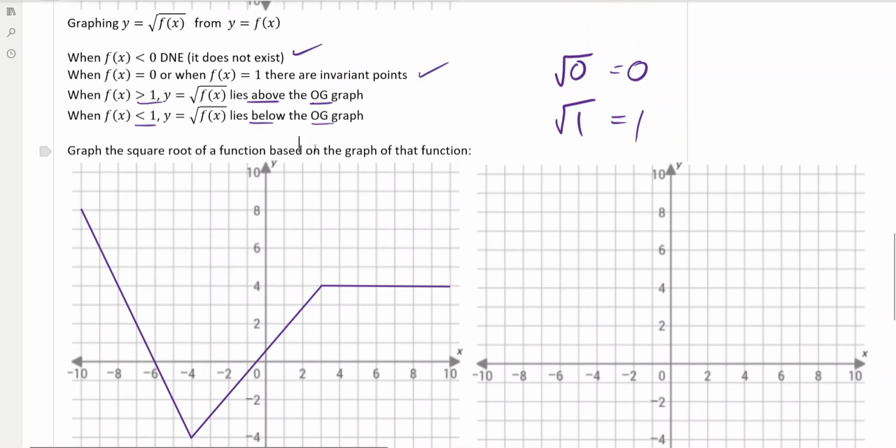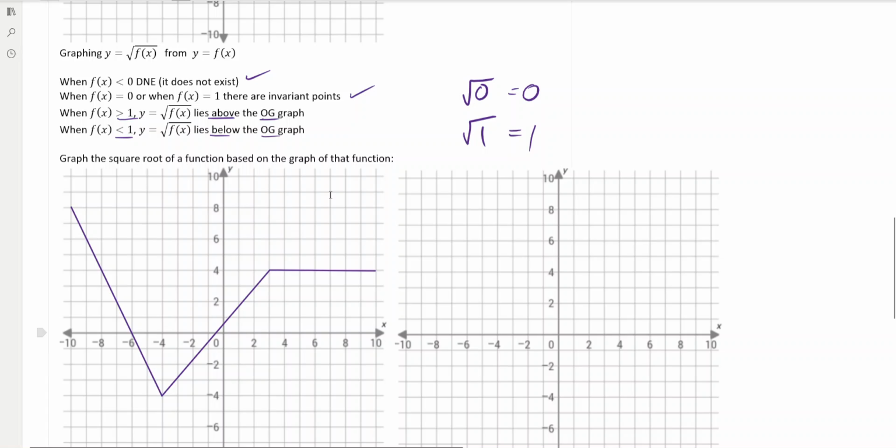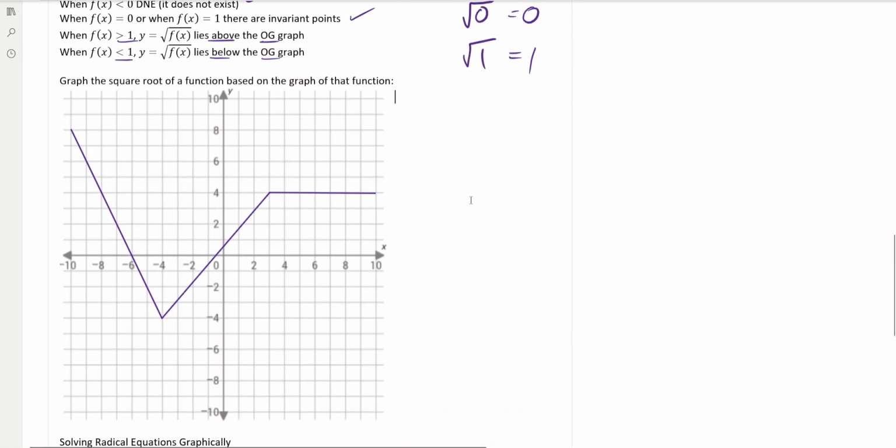Okay, so with all of those rules in place, let's go ahead and try to graph it. Actually, I don't think we want an extra page. I think we just want to graph it right on the top. So if it is less than 0, all of this stuff does not exist, right? If it equals 0, it's going to be invariant.